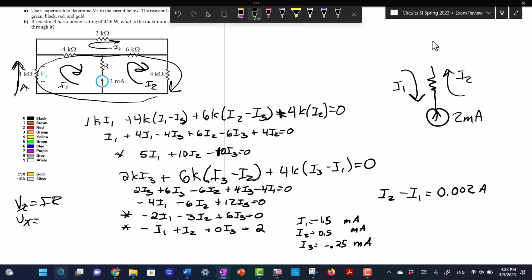Now I do have to pay attention to the milliamps and kilo ohms and all that. So I1 was negative 1.5 times 1 kilo ohm of negative 1.5 milliamps. So milli is times 10 to the negative third, and kilo is times 10 to the third. So those cancel each other out. So that's minus 1.5 volts.